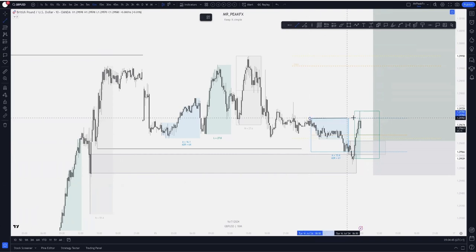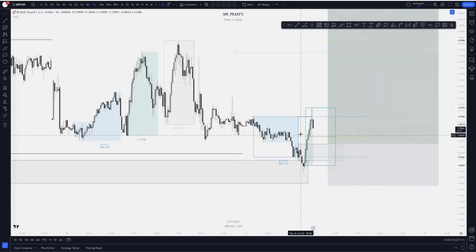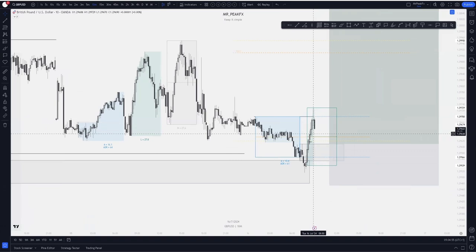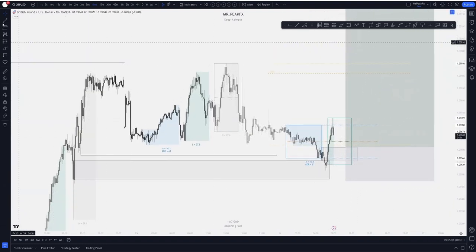So price has taken the Asian low, and has broken structure. The Asian high has given us a bullish momentum. So any major retracement to the 50% of this impulsive move, I want to start taking my buys. And of course my first target is going to be this high right here.